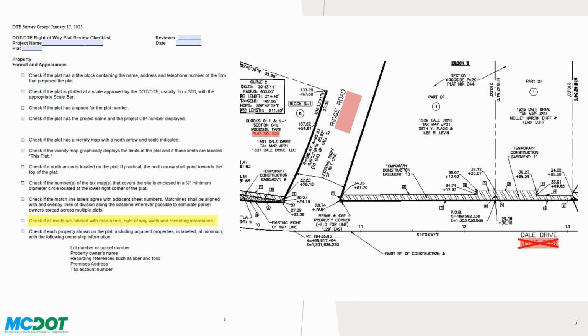The labels to these roads must show the road name, width, and references to all primary documents contributing to the current legal right-of-way. On projects that are along state roads, state and county often have overlapping or superseding plats that cover parts of the same plat you are submitting.